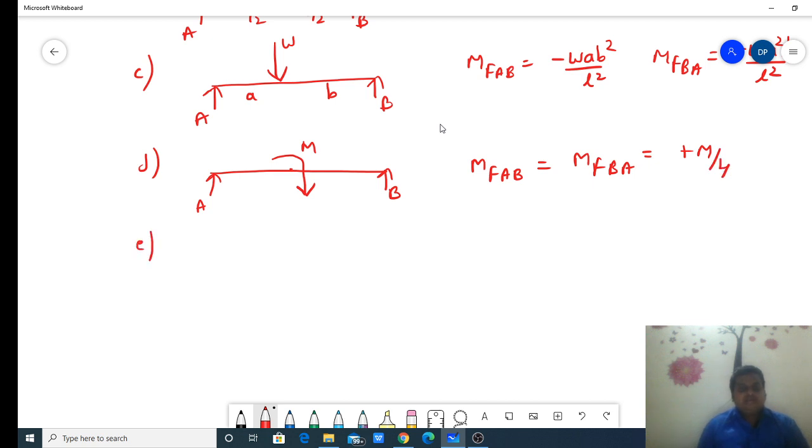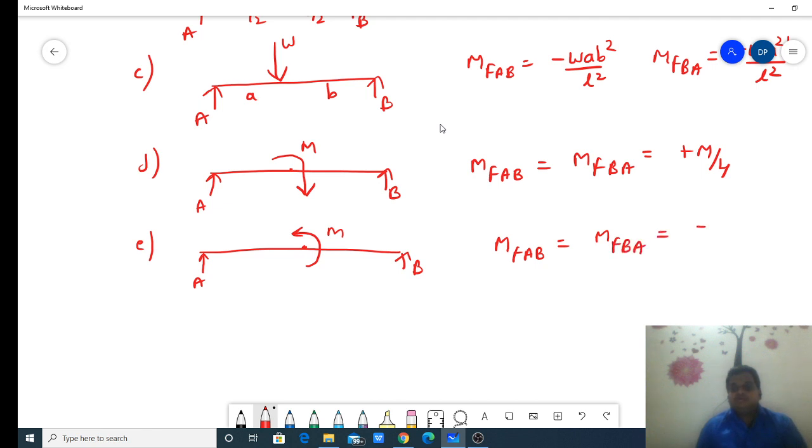Similarly, when you are considering A and B and applying an anti-clockwise moment, MFAB and MFBA will be equal to minus M upon 4. So this is the basic formula that you need to remember.